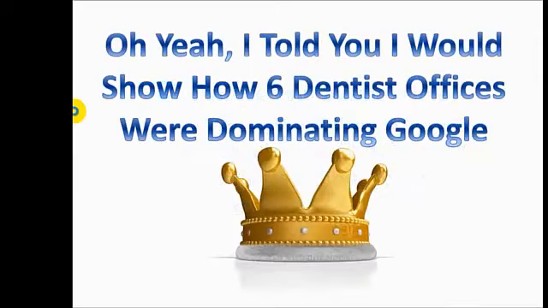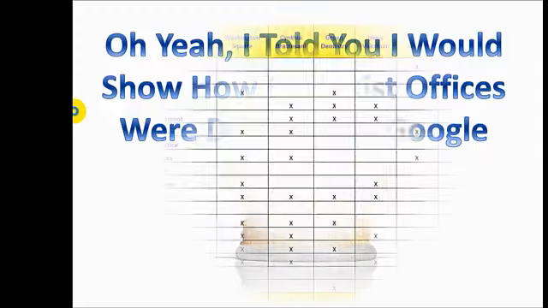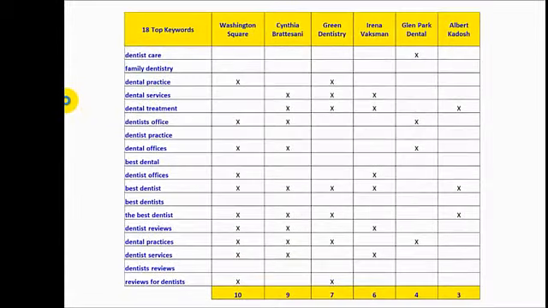I did tell you I would show you why these 6 dentist offices were dominating Google, so let's take a quick look. Let me break down this spreadsheet for you. I have 18 keywords. That's what these are called, because these are what people type into the Google search bar, and these are some very common ones. The names across here are dentist offices, and there are 6 of them.